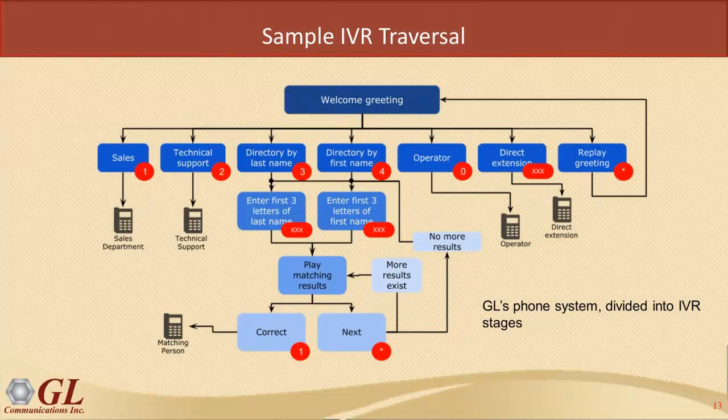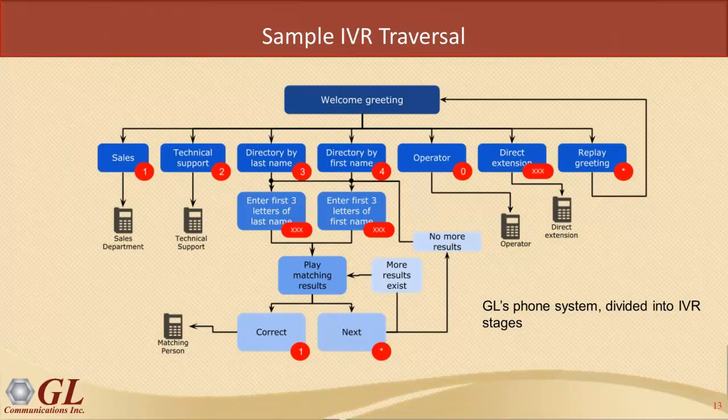Okay, so now let's take a look at a concrete example of an IVR traversal. The diagram we're showing here is the IVR structure for GL's phone system. When you dial our main phone number, this is the IVR system that you'll see. We can divide the IVR prompts into different stages.